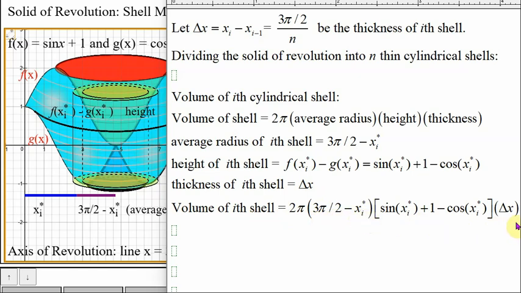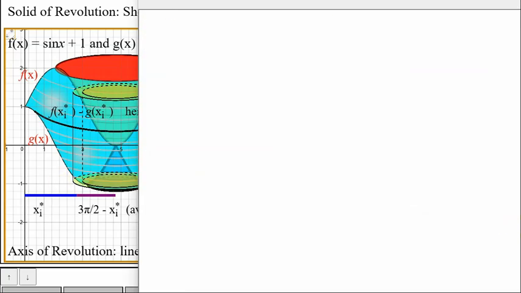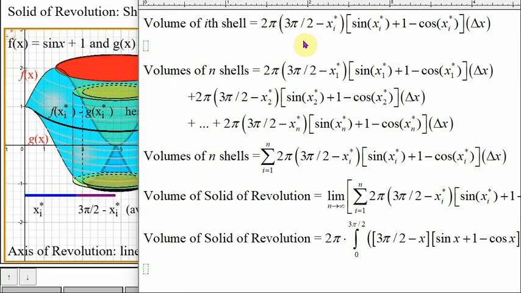And so the volume for this ith shell would be 2 pi times the average radius times the height times the thickness. And now let's calculate the volume of n shells. This would be the volume of shell number 1, plus the volume of shell number 2, and so on up to the nth shell.